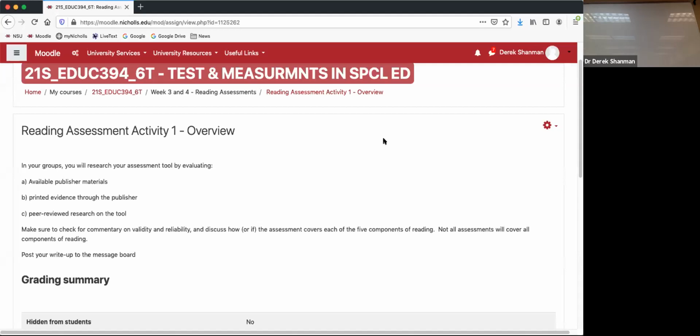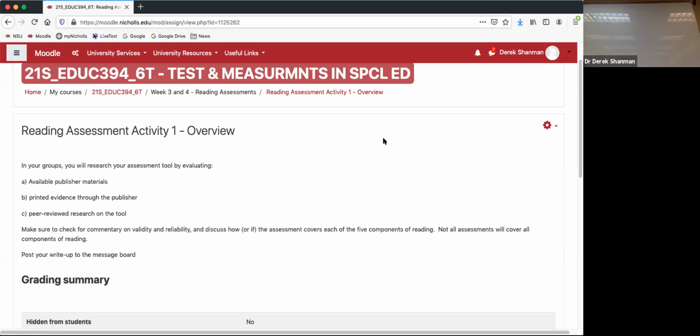My goal is for you to basically put yourself in a teacher's position or an administrator's position where you are researching the quality of the assessments that are available to you. So someone has said, I need you to give me information on the QRI or DIBELS or AIMSweb so we can decide whether or not we're going to use it.